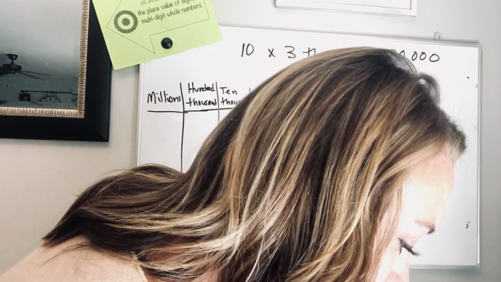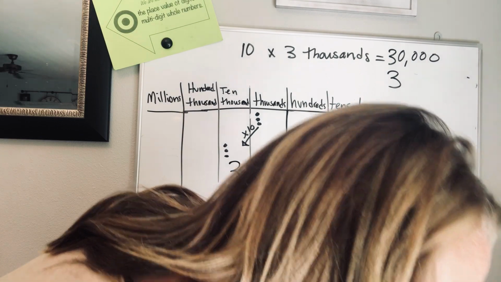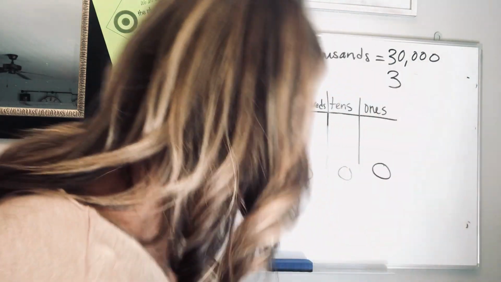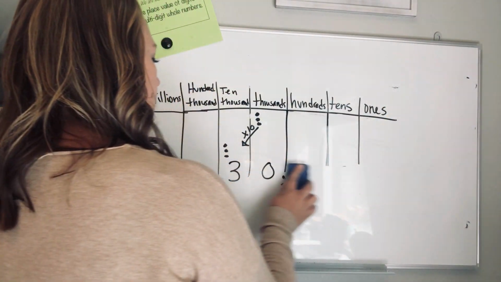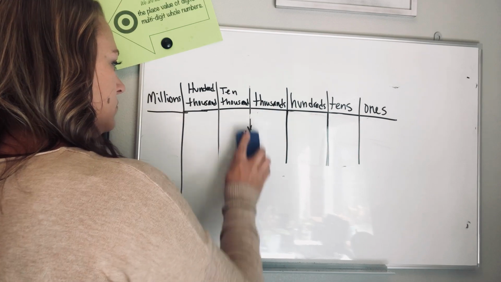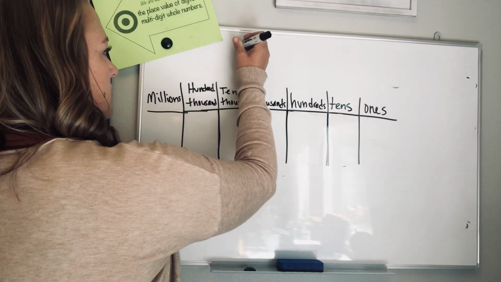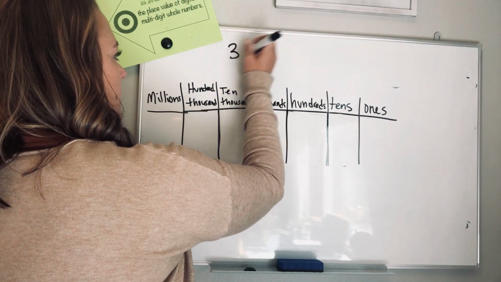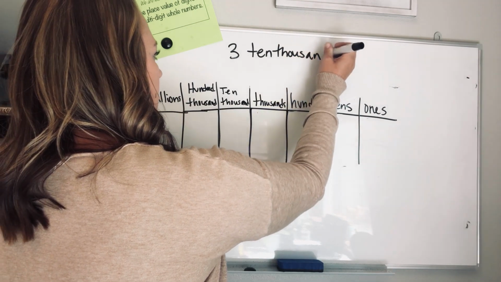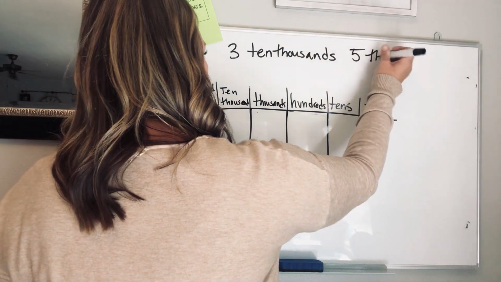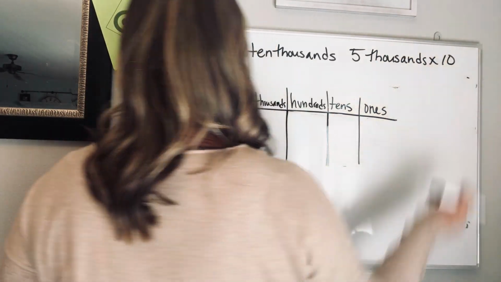Okay, so we're going to do one more. I'm going to take 3 10,000s and 5,000s, and multiply it by 10.